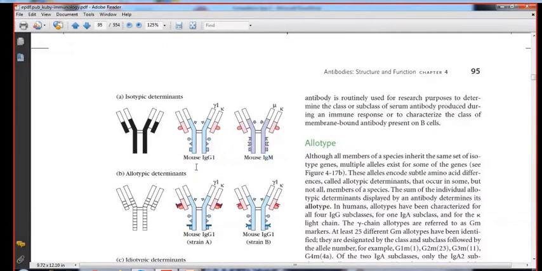So if you compare between these two constant regions of two different immunoglobulin molecules that have been isolated from mouse, that is from the same species, you can see although they are different antibody molecules, one is IgG1, another is the IgM, but their constant regions are basically the same. The constant regions are absolutely the same, so that you can say they are isotypic to each other. Iso means same. So they are similar to each other.